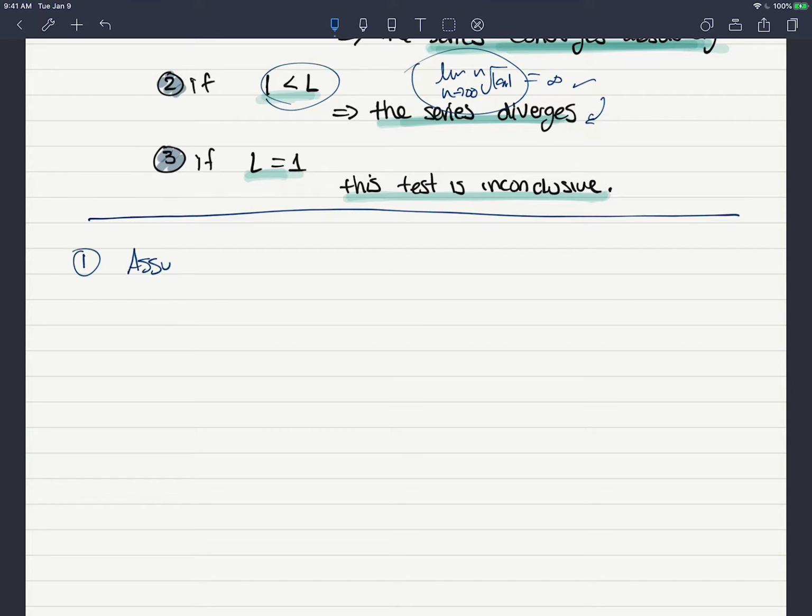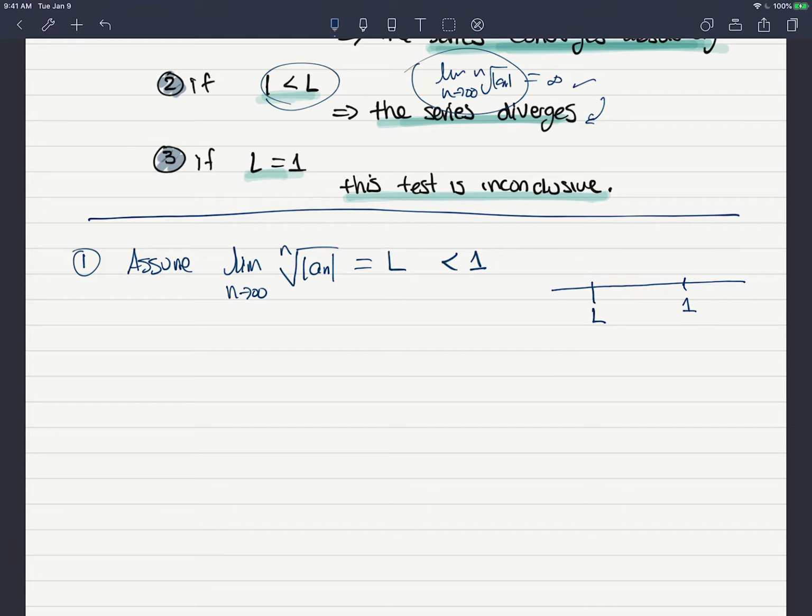I'm going to assume, of course, that the limit when n goes to infinity of the nth root of the absolute value of the nth term is a number L that is less than 1. So we're going to have the same situation as in the ratio test, where you have your number line and you have your number 1 somewhere, and your L is a number before it.